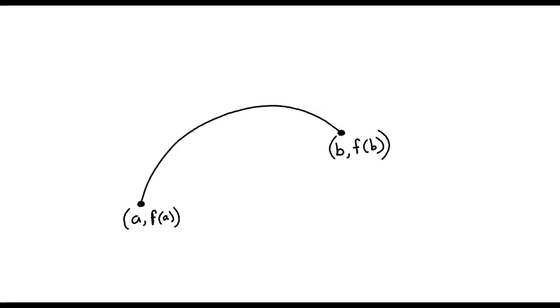The average rate of change on this interval, which is A to B, can be found by finding the slope of your secant line.